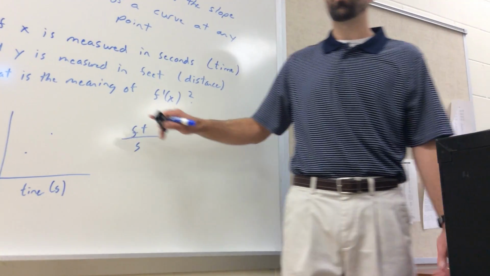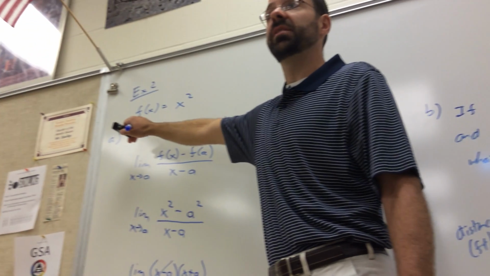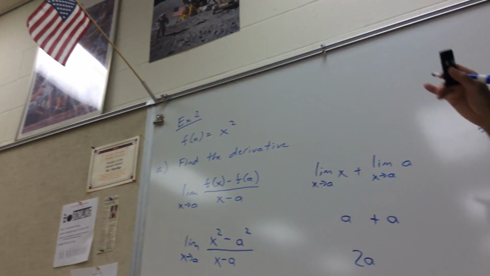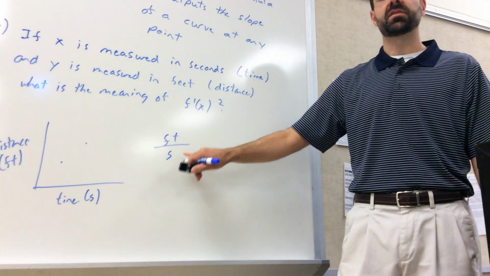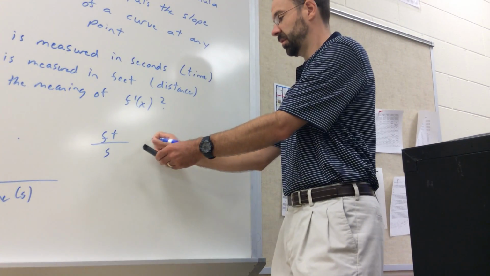Okay, so we don't know necessarily whether this was time and feet, time and distance. But if it was time and distance, then the slope is the velocity. So what is the meaning of f prime of x?